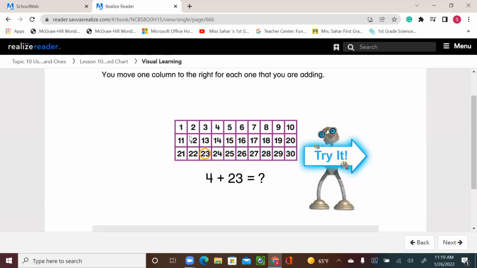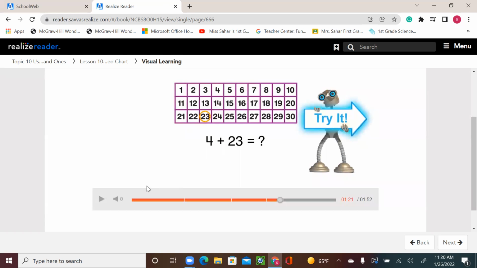That means to the right 6 jumps or 6 squares. So this is 11. After 11, 6 times or 6 boxes or 6 jumps. I don't count the 11. Right away after the 11, 1, 2, 3, 4, 5, 6. So 11 plus 6 equals 17. That's another example.